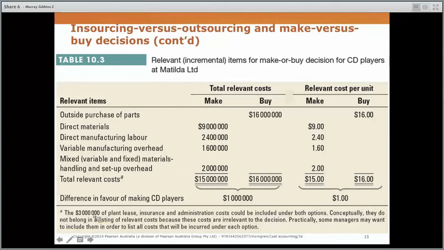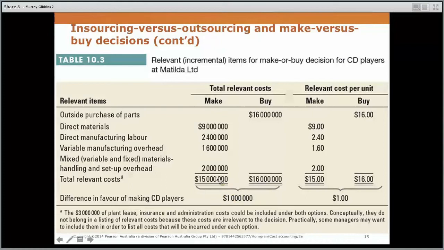Remembering that there'll be certain fixed costs, like lease of plant and whatever, that whether we make it or buy it, we're committed to. So we're going to keep those out of the calculation.